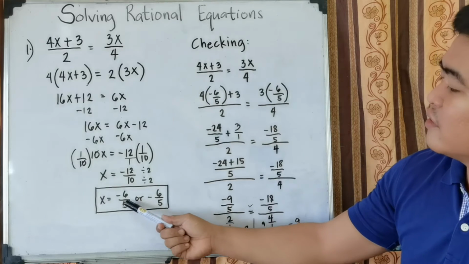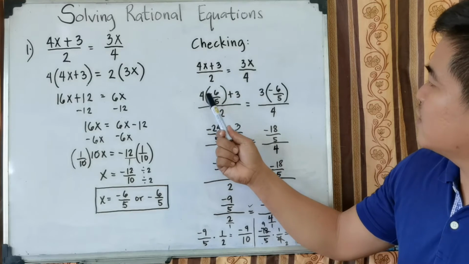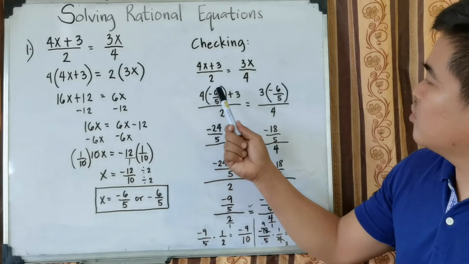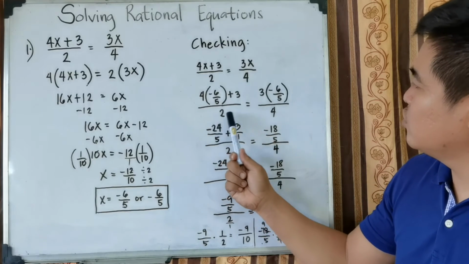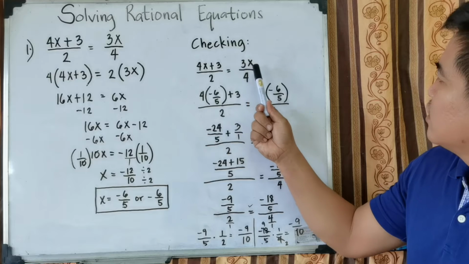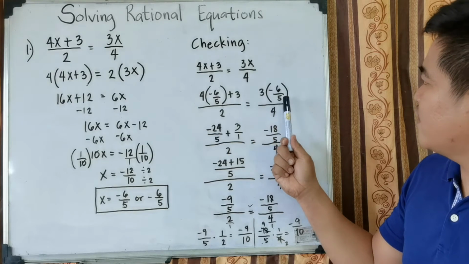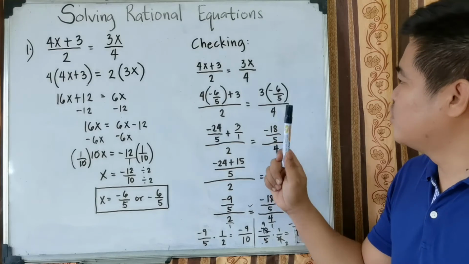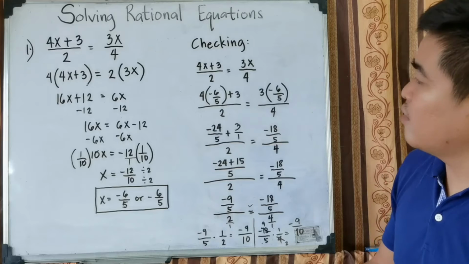Our x is negative 6/5, so substitute it here. You have (4 times negative 6/5 plus 3) all over 2 is equal to 3 times negative 6/5 all over 4, and you're going to simplify the two sides of your equation.